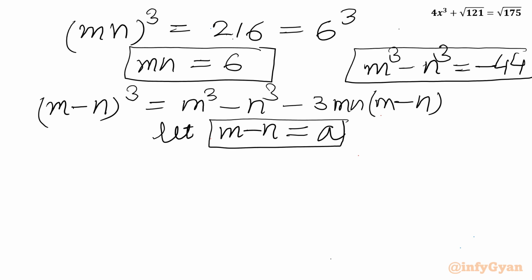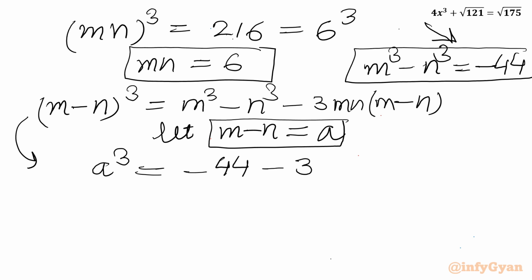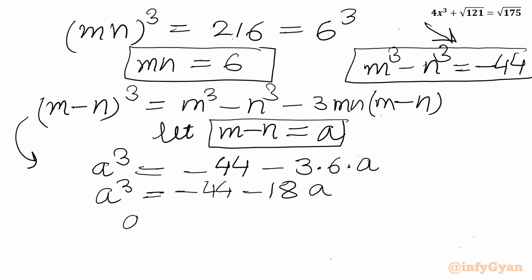So I will write our equation as a cube equal to m cube minus n cube. It is negative 44 minus 3 times mn is 6, m minus n we have considered a. So a cube equal to negative 44 negative 18a, or a cube plus 18a plus 44 equal to 0.